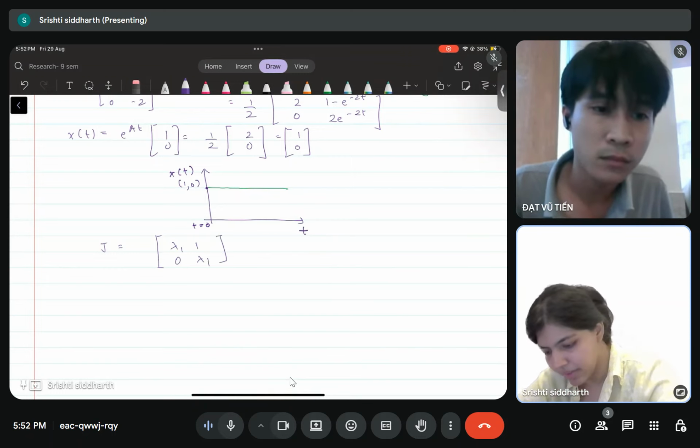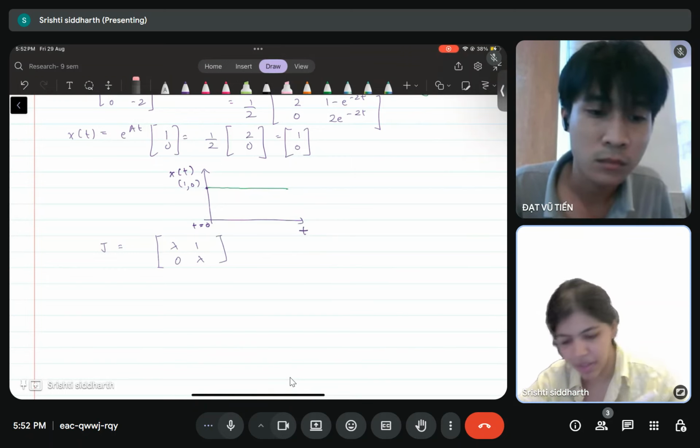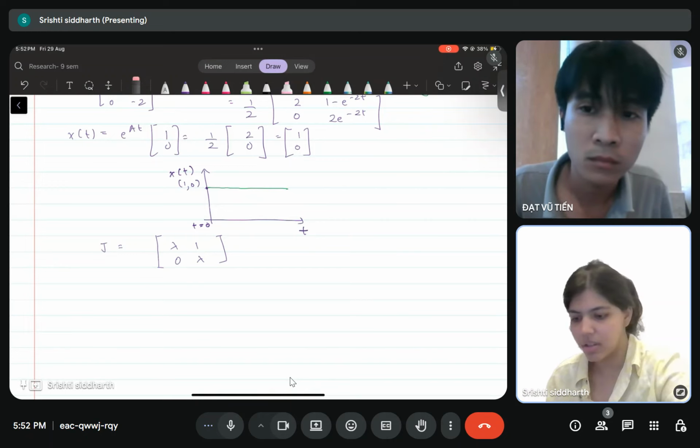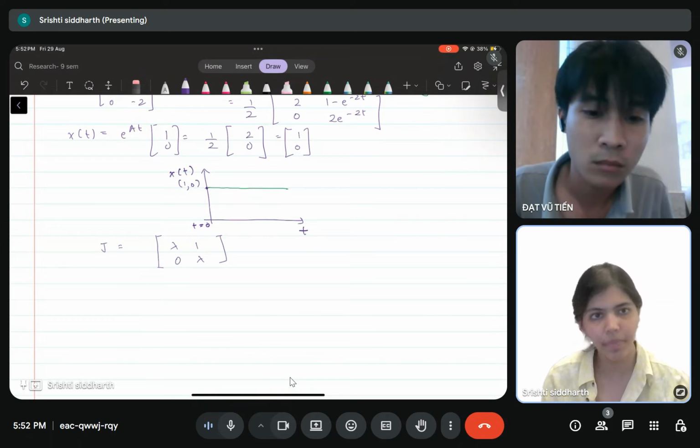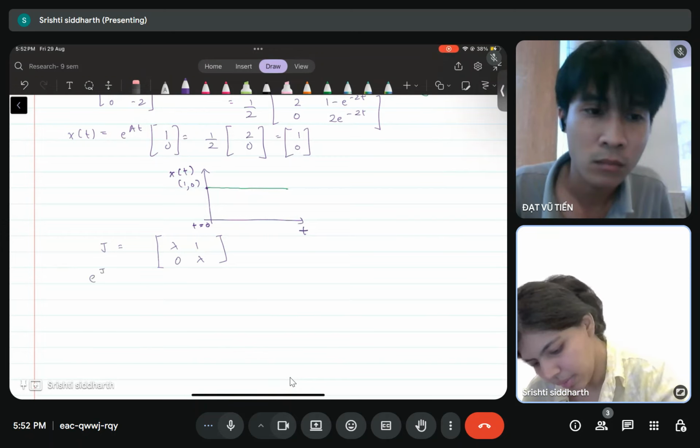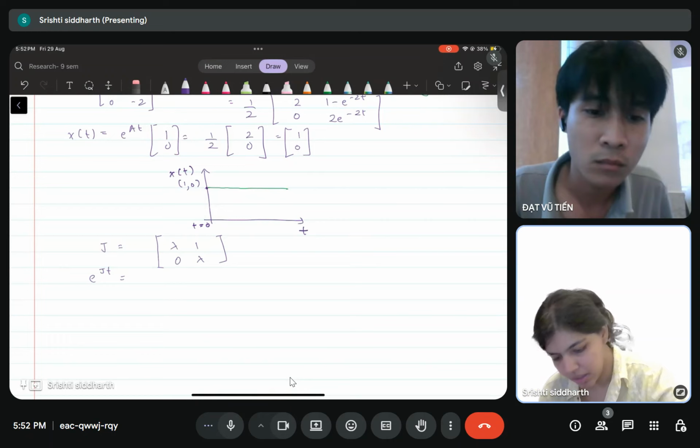So let's say there are two eigenvalues of a second order system which are repeated. Right? This would be the diagonal form of that system. So e to the power Jt in this case would be e to the power lambda t, 0, e to the power lambda t.